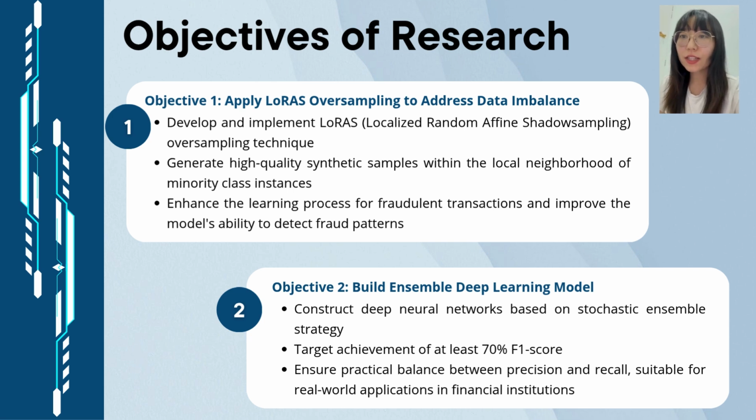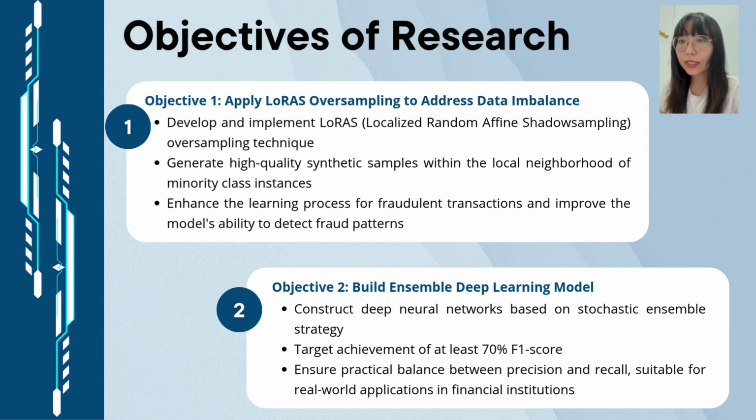Based on these challenges, this research defines two main objectives. The first objective is to introduce the low-res oversampling method. The low-res is an advanced synthetic sampling technique that creates new fraud samples in the neighborhood of minority data using random combinations and noise injection, while preserving the original distribution.